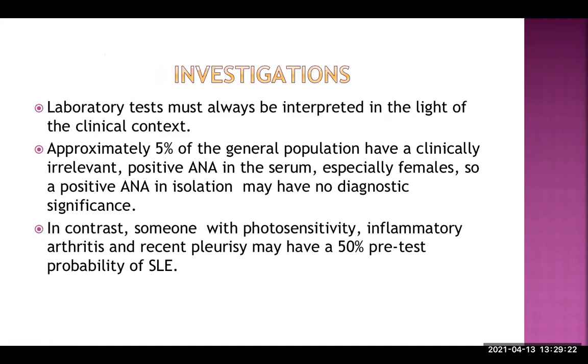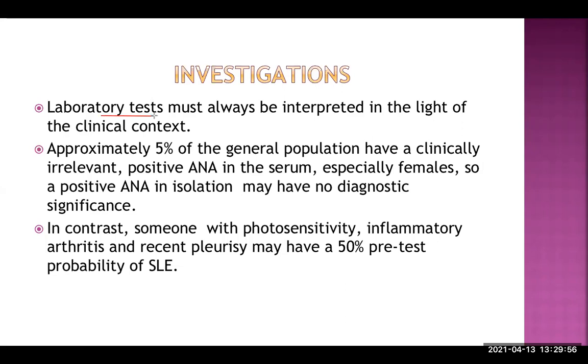Now, what investigations would we like to order after going through the history taking and physical examination? It's the turn of investigation. Lab tests must always be interpreted in the light of the clinical context. This is so important. You cannot order all types of lab tests. There are hundreds of lab tests. I cannot order all of them in a single patient. So what are the tests we order?